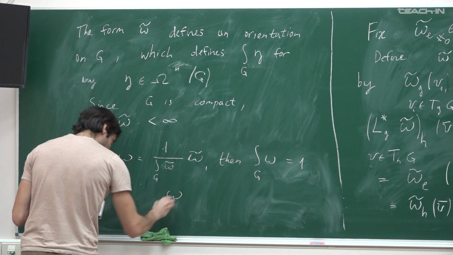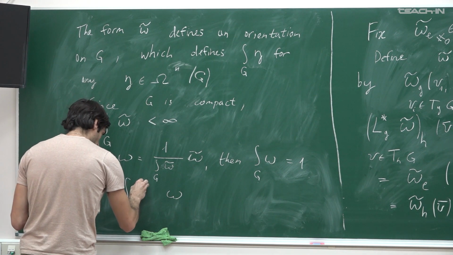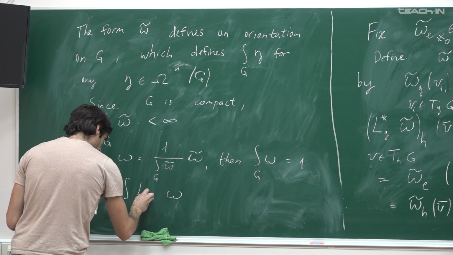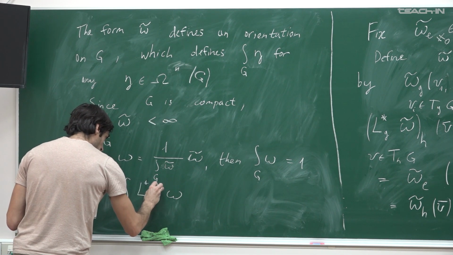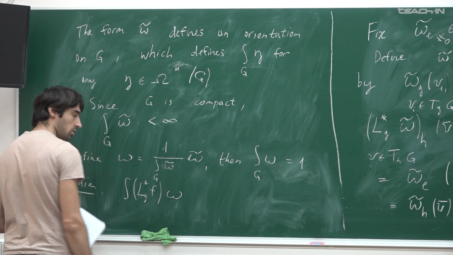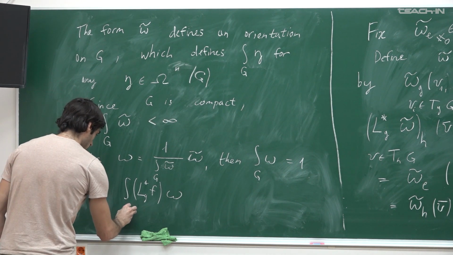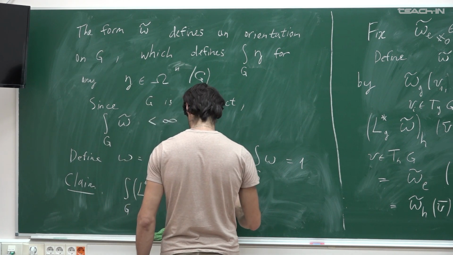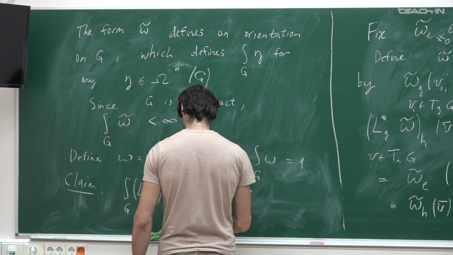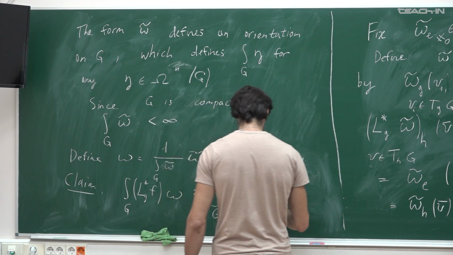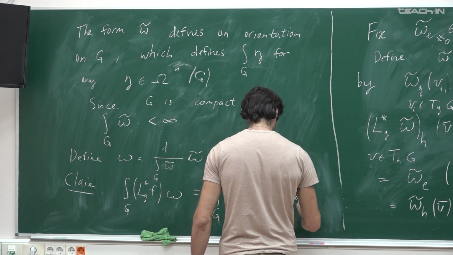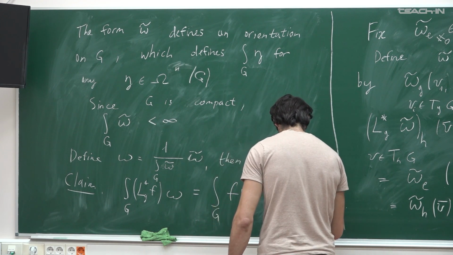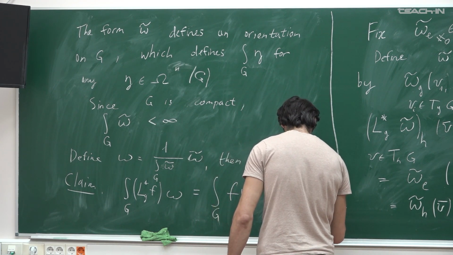If I have my form omega, and I compute the integral with respect to this form, but also I multiply it by Lg star f, where f is some function on G, this is just the same as the integral of f omega over G, for all f in C infinity of G.